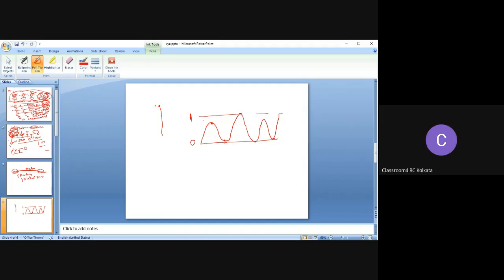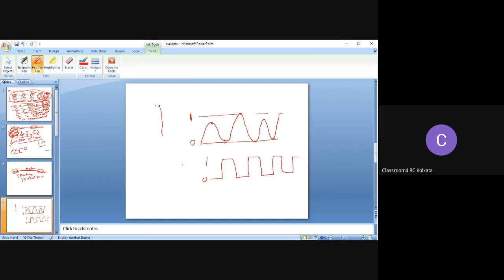Okay, sir. That is called an analog signal, a sine wave. And if it is like that, either 0 or 1, it means a digital signal. Suppose voltage: voltage is not always a constant 200 or 220 volt. It may vary, so it is an analog signal.